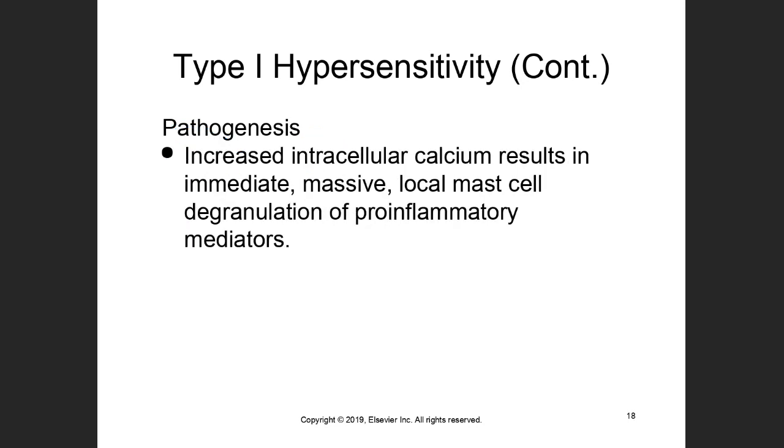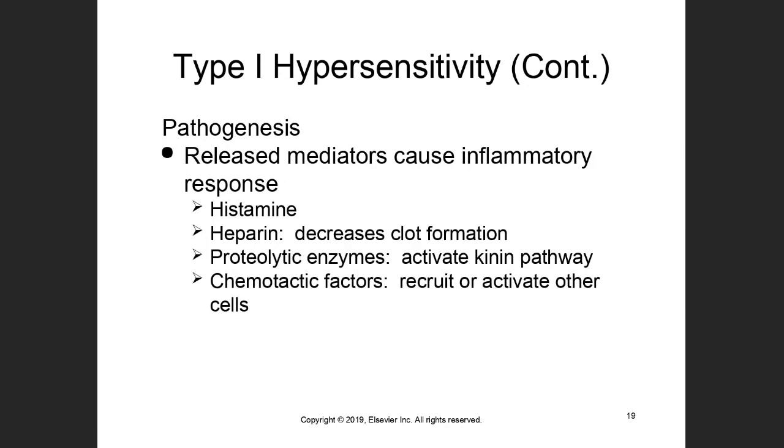Pathogenesis: increased intracellular calcium results in immediate massive local mast cell degranulation and release of mediators. Okay, the mast cell is the one that releases the histamine, and histamine produces the reaction. You see right there, that's one of the main substances that are released.